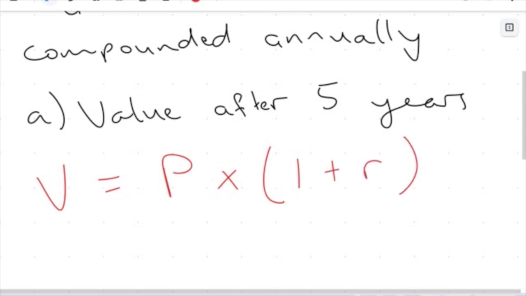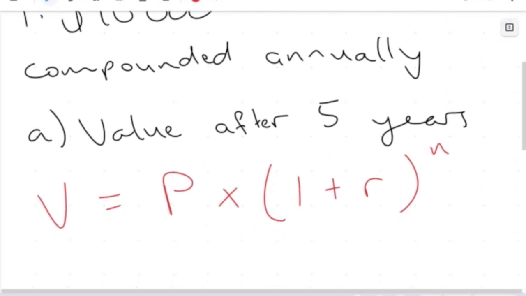Because our thing's going to get bigger, we take into account the principal, the original value given by this 1, and we're adding the percentage of the rate here. And we are also going to raise that to the power of n, the number of years.